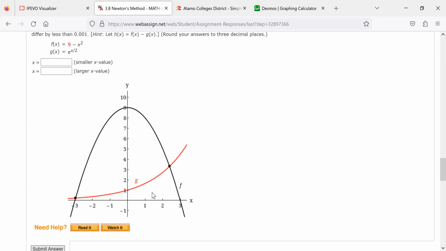So if you choose a number to start on that's closer to the right-hand side, let's say you start at 1, right here, then your iteration should take you closer and closer to this one. If you choose like -1 or -2, then it should start taking you closer and closer to -3 as you do your iterations.